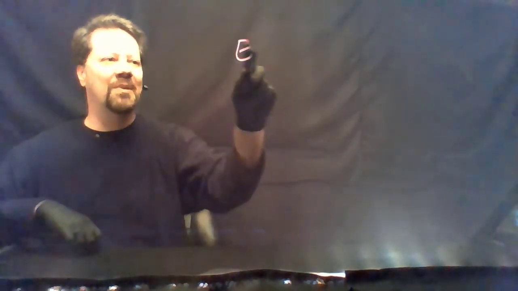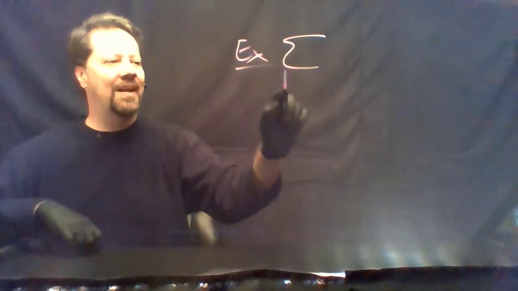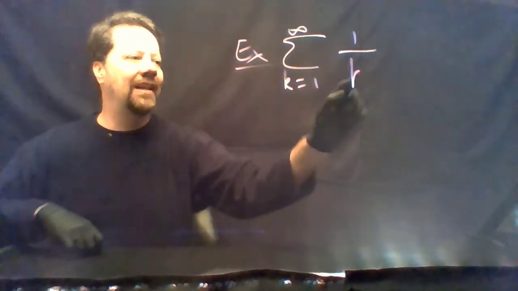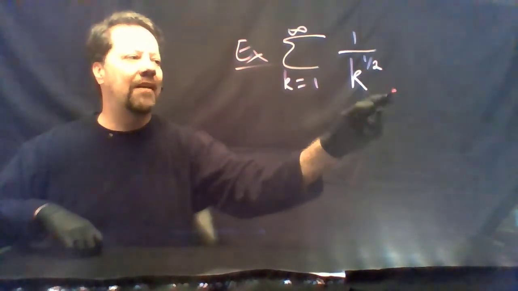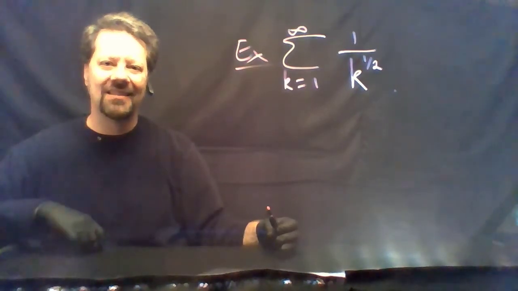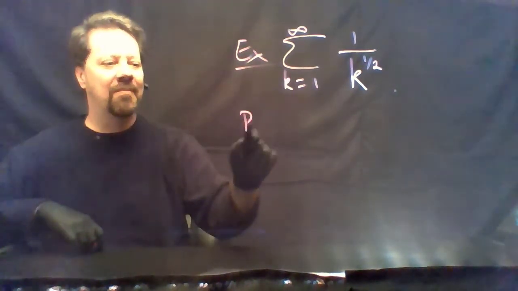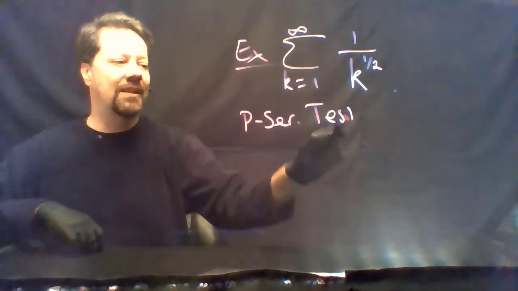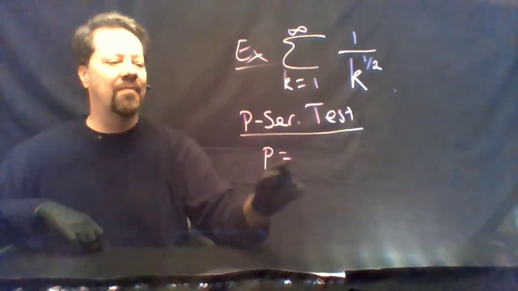As another example, suppose we have the sum as k goes from 1 to infinity of 1 over k to the power of 1/2. The square root of k is in the denominator. What happens here? Well, we can use the p-series test because this is a p-series.